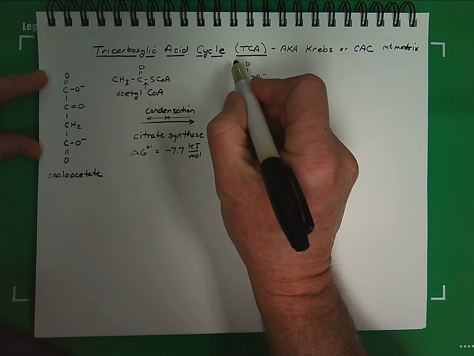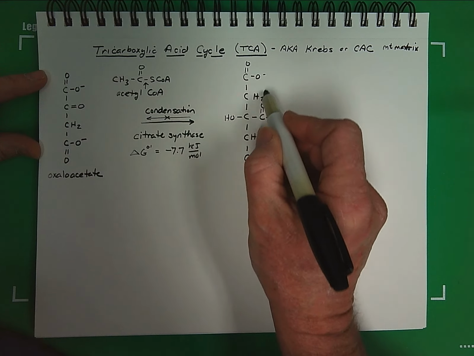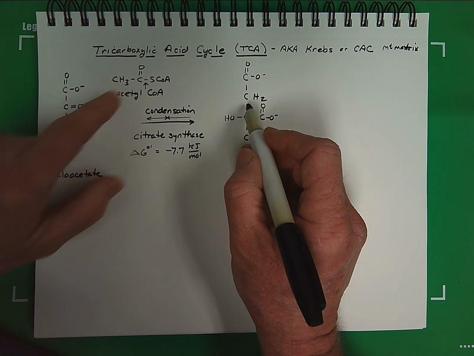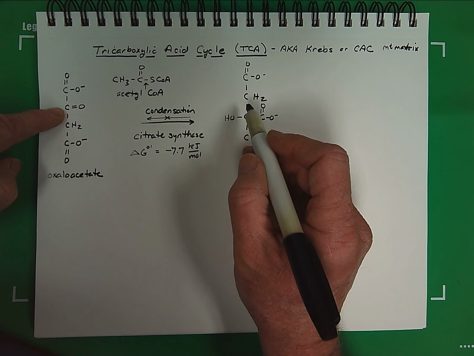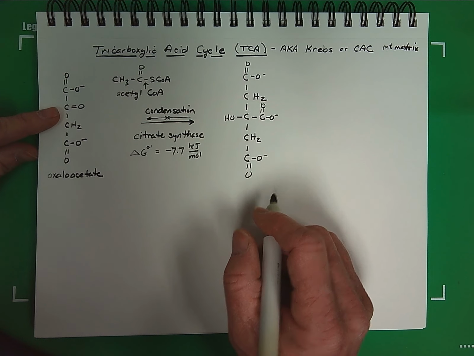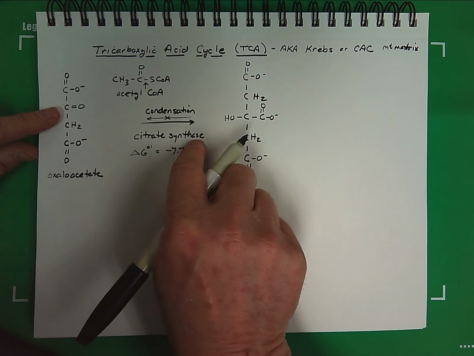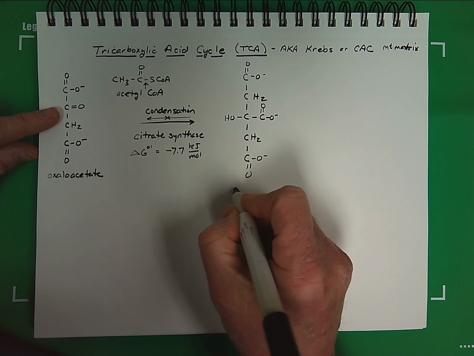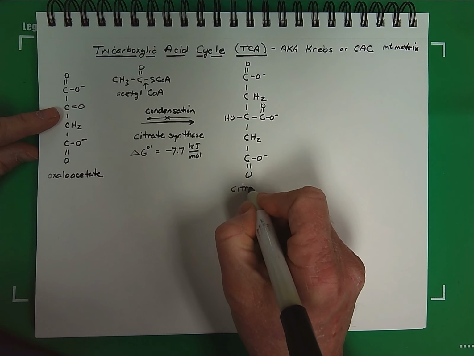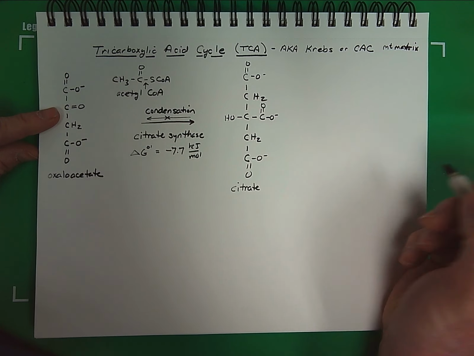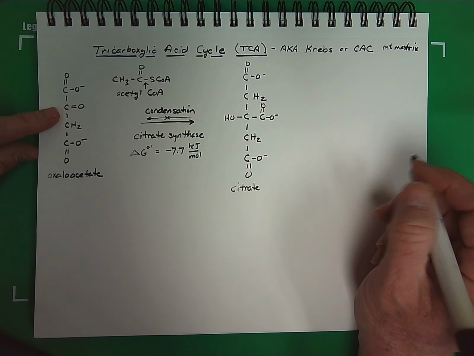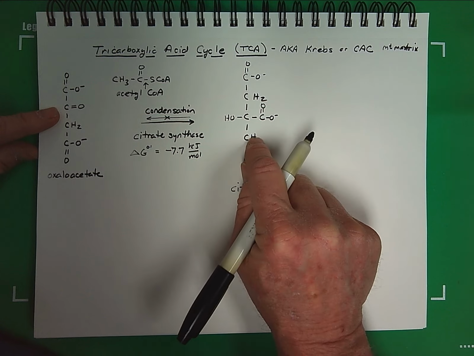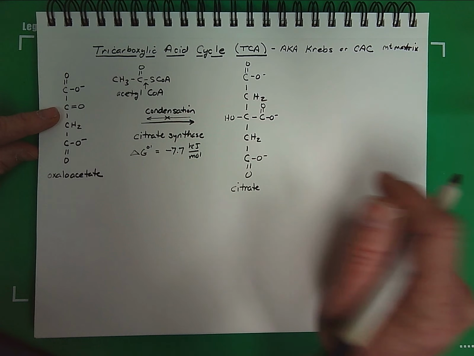So this acetyl group came from acetyl-CoA, and it was attached to the carbonyl of oxaloacetate. Because the enzyme is named citrate synthase, we are going to synthesize citrate. So this product is called citrate. This, incidentally, is where the name citric acid cycle came from, the first product entering the TCA cycle.